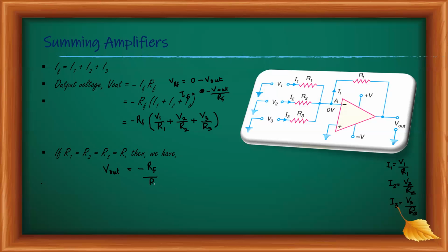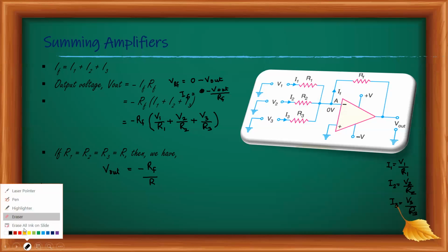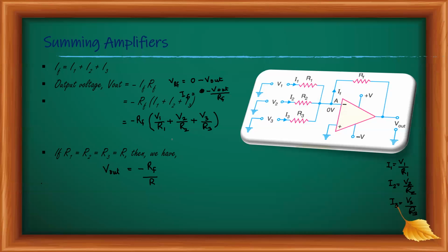Then minus RF divided by R, because the three resistors R1, R2, R3 are equal and it is equal to R. Then in brackets V1 plus V2 plus V3. Okay.